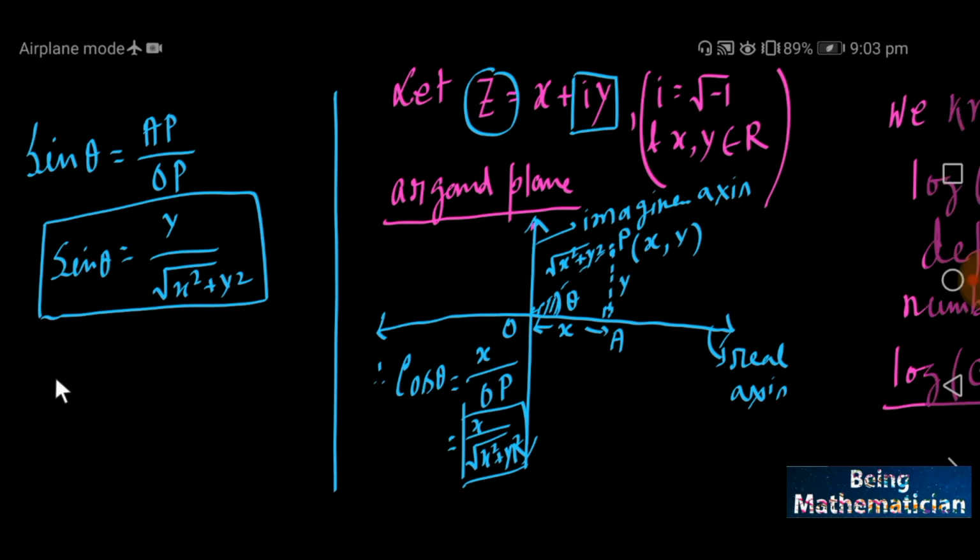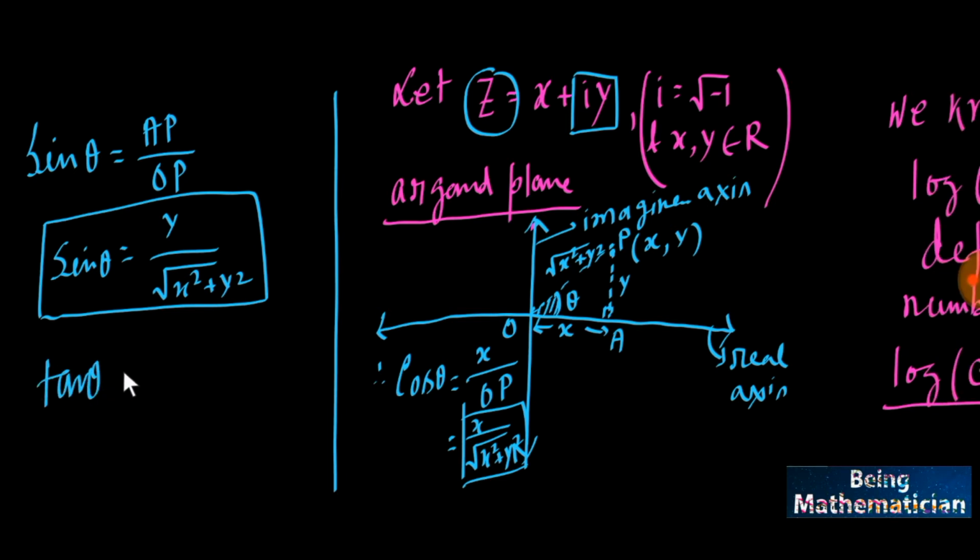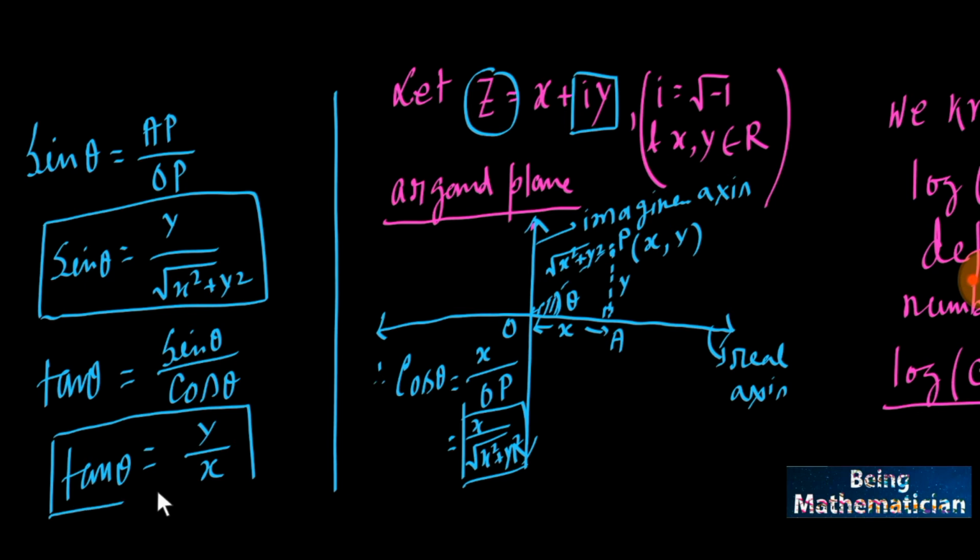So sin theta must be this. And we have to derive tan theta from the values of sin theta and cos theta. We know that tan theta is sin theta by cos theta and it must be y by x. So we should remember this data.